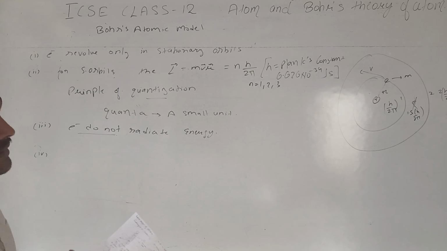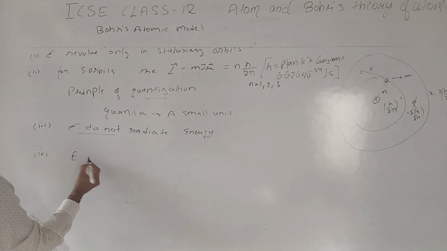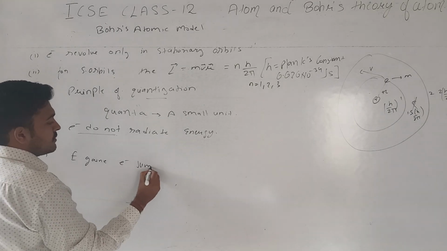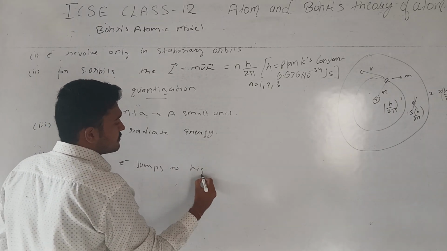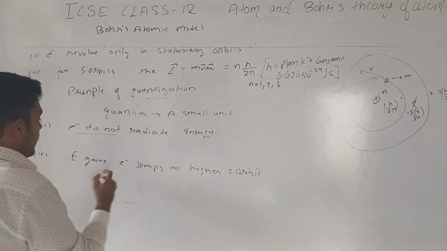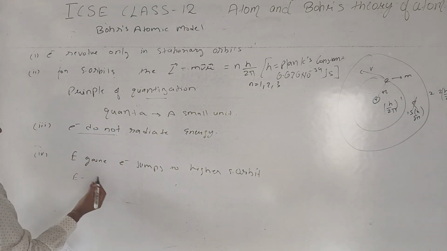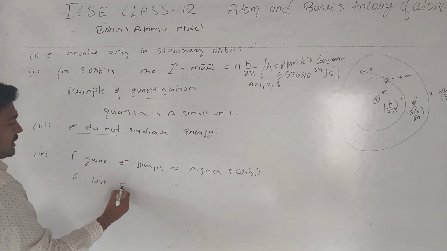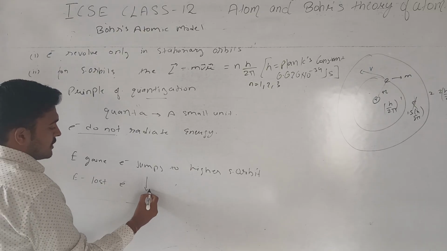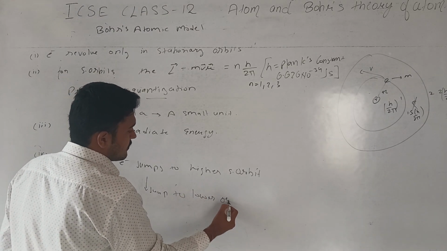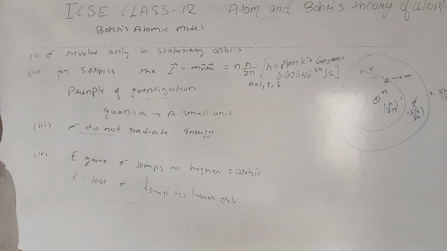If the atom gains energy, the electron jumps to a higher stationary orbit, and if energy is lost or released, the electron jumps to a lower orbit. Obviously, the orbit must be a stationary, allowed orbit.